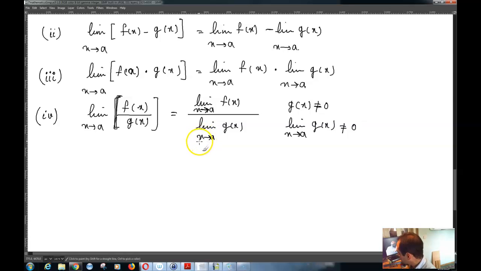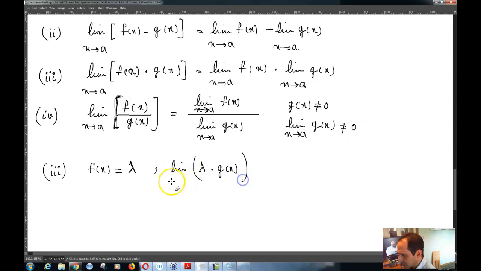If one of the functions is a constant function, let's say that f of x is equal to some constant like lambda, then this becomes the limit of lambda times g of x as x tends to a, which is equal to lambda times the limit of g of x as x tends to a.